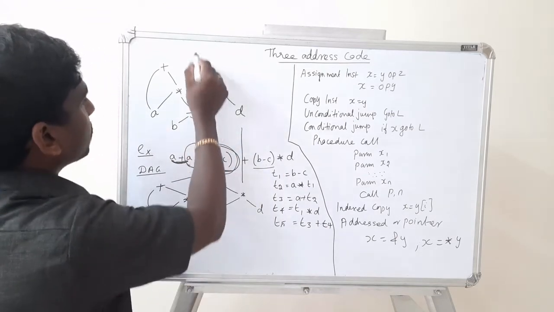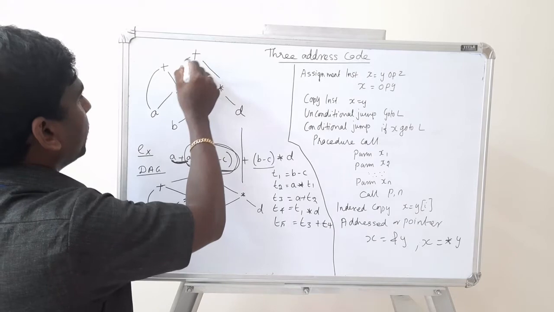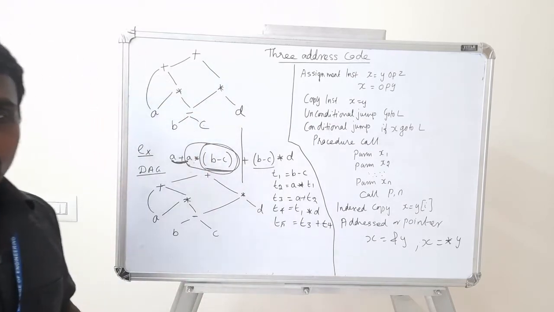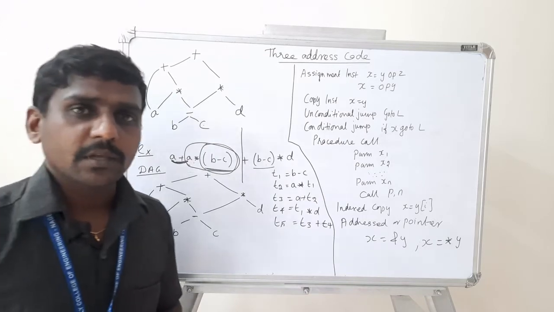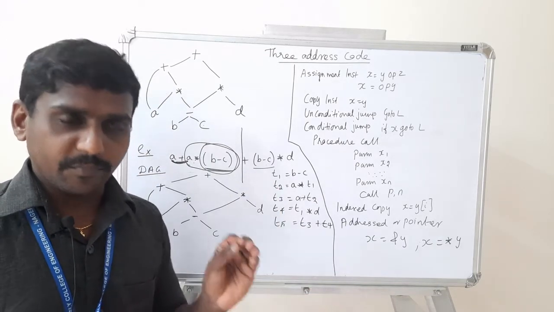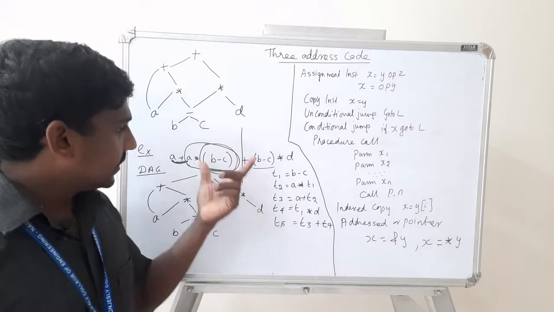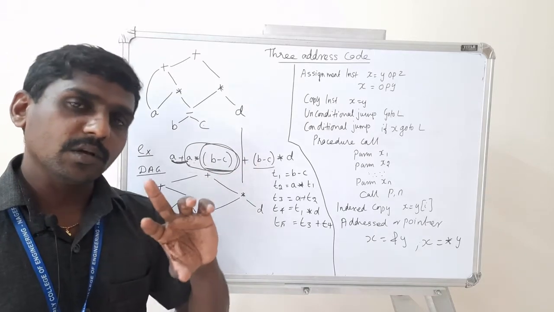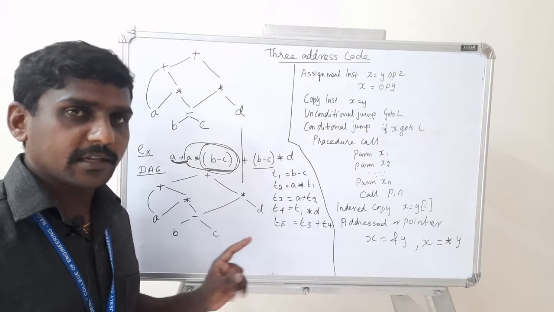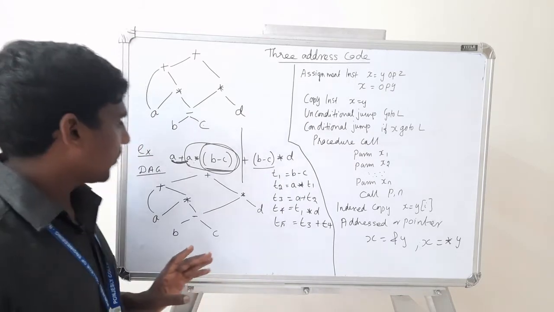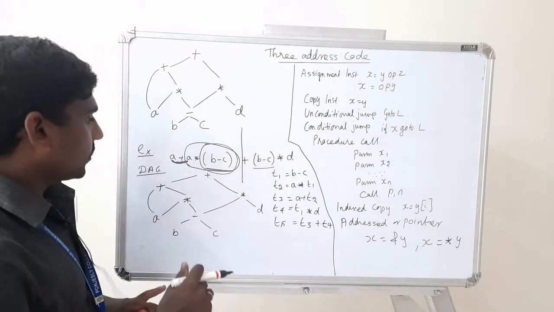Again plus is there, so we use one plus and connect the arrows like this. So this is the DAG. Once again, if you have two or more identical terms in an expression, we can draw the directed acyclic graph and use only one expression.